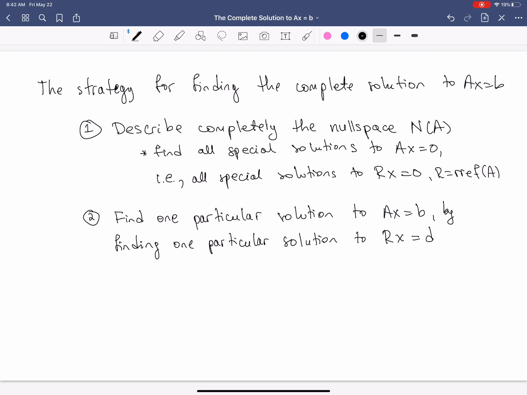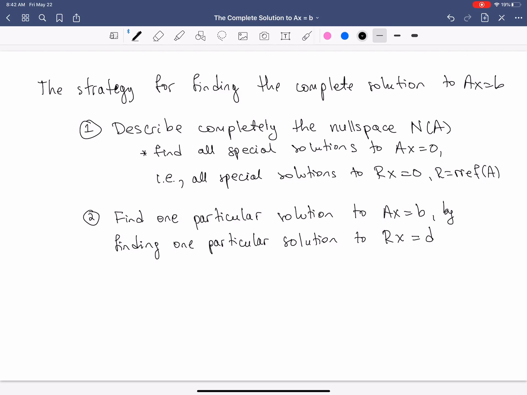We normally wrote Ux equals c, so we need a different letter to highlight the fact that R and U are not necessarily the same matrix. Sometimes they could be if the matrix A has the appropriate numbers, but it's not usually the case.